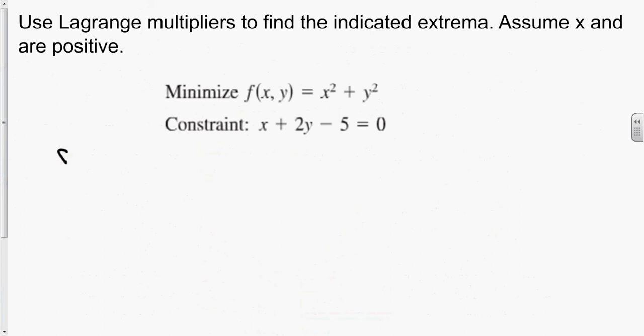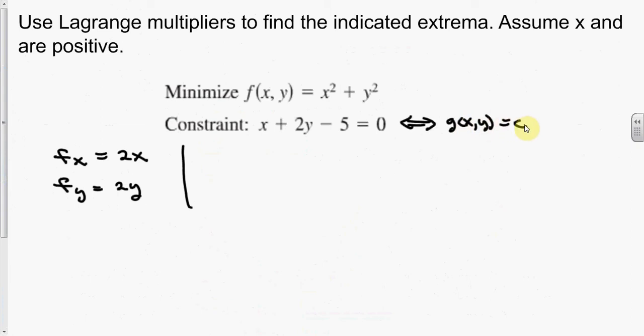So we're going to find the partial of f with respect to x. That's 2x. The partial of f with respect to y, that's 2y. And then for the equation g, this is what it's being represented as, g of x, y is equal to c. The partial of g with respect to x is 1.